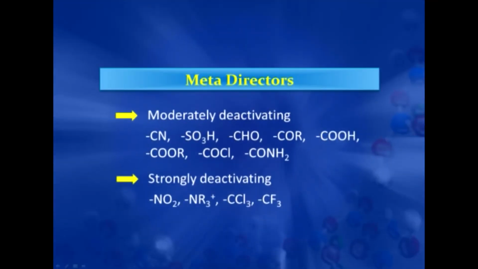Now, meta directors: there are 2 categories for these groups. Moderately deactivating, for example nitrile, sulfonic acid, aldehyde, ketone, carboxylic acid, ester, COCl group, acid chloride, amide group, and strongly deactivating groups are nitro, ammonium ions, CCl3, because this is a trichloromethyl group, here 3 chlorines are attached to a carbon.